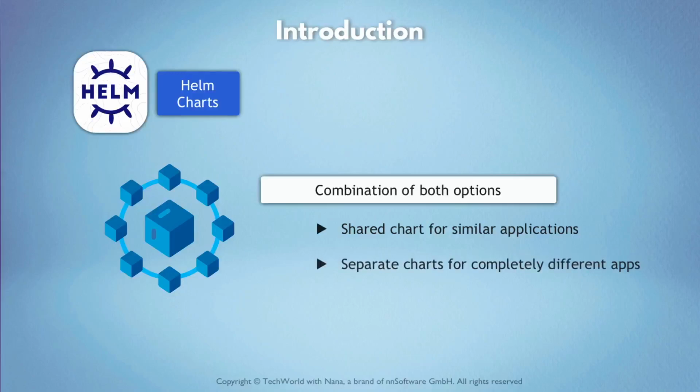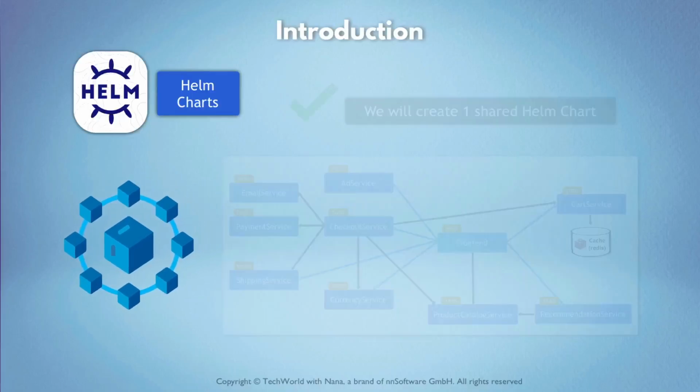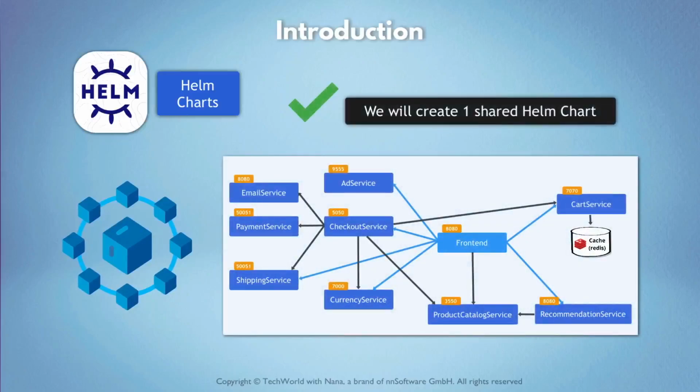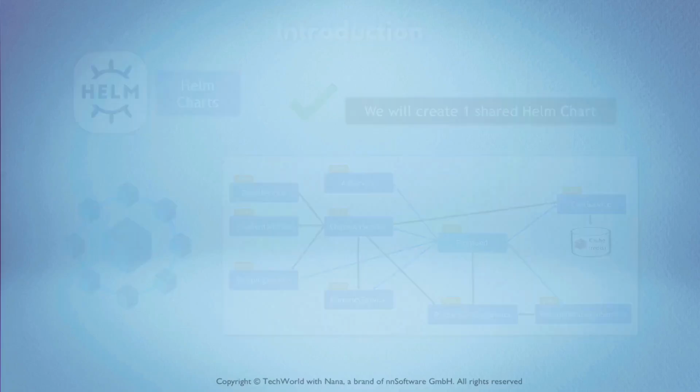And if in addition you have a handful of applications that are different and have a different configuration, for those we can create separate charts to avoid overcomplicating the main Helm chart. In our case, the configuration is almost the same for all the services, so we're going to create a shared chart for all our microservices.